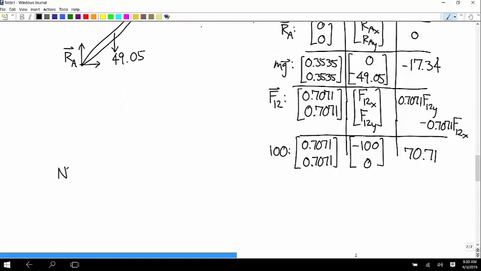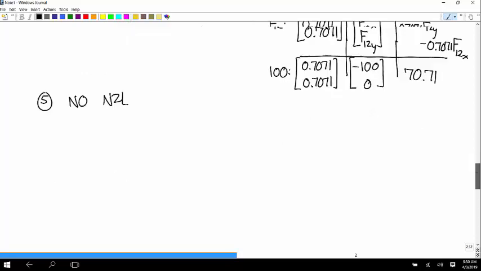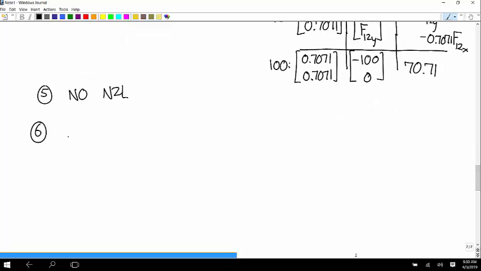So Newton's second law says RAX, RAY plus 0, negative 49. Oh, we don't need this. Step 5. We don't need Newton's second law. Step 6, rotational Newton's second law.